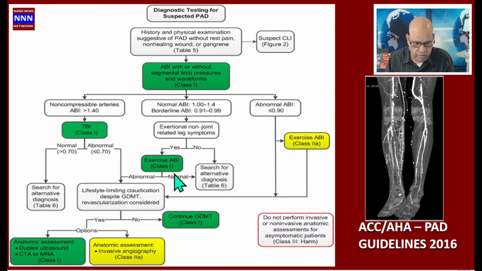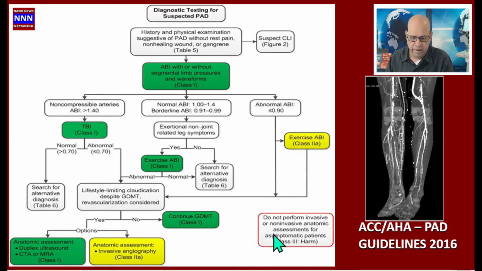If it is not, then we look for alternative causes for pain or other symptoms. On the other hand, if the ankle brachial ratio is less than 0.9, we do the exercise ankle brachial ratio, and based on that, we're going to decide what needs to be done.